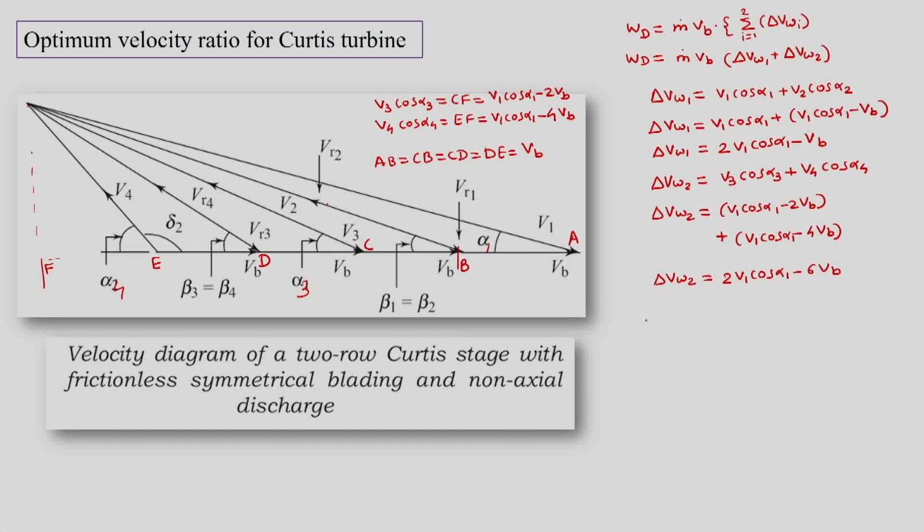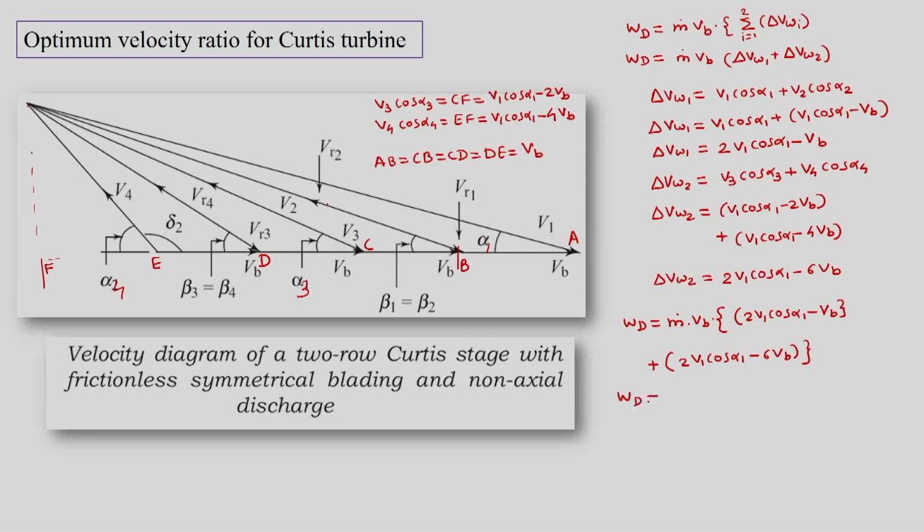So we can use this and write down the formula for Wd, and it becomes m dot into Vb into, for the first stage we have twice V1 cos alpha 1 minus Vb, and for the second stage we have twice V1 cos alpha 1 minus 6 Vb, and then bracket complete.